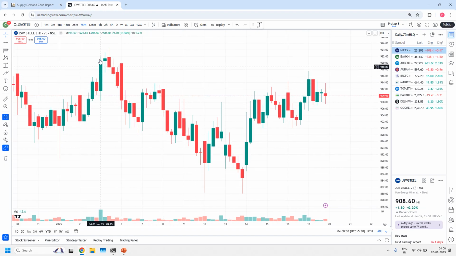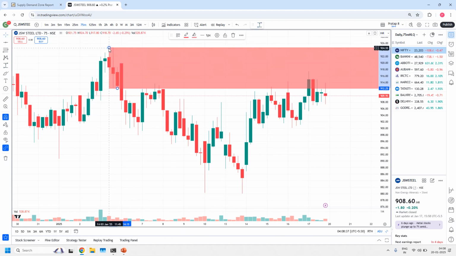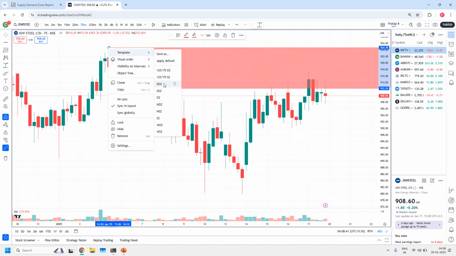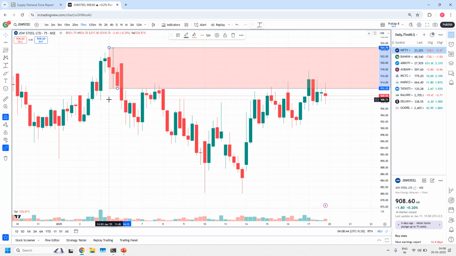Yeah, this is the one. Rally, 1, 2, 3, 4 base candles and a drop candle. So this is the 75 minutes high liquidity supply zone.